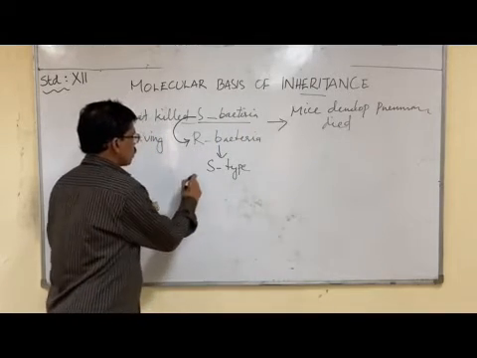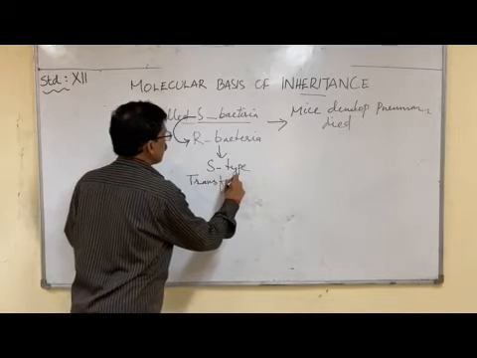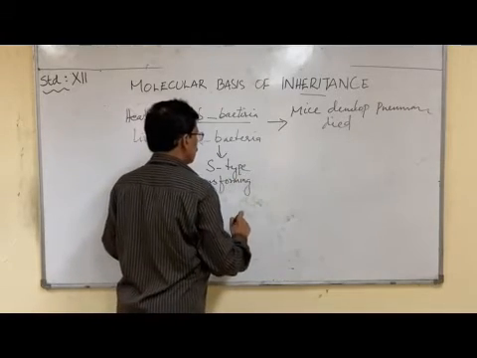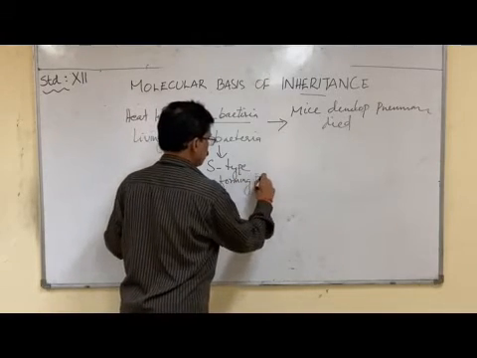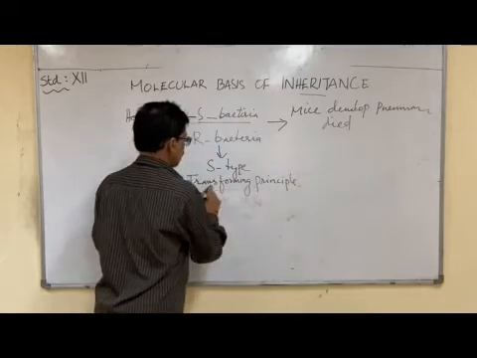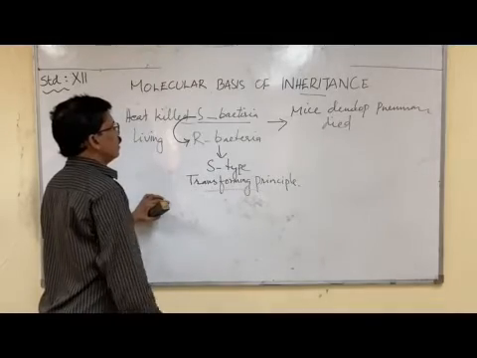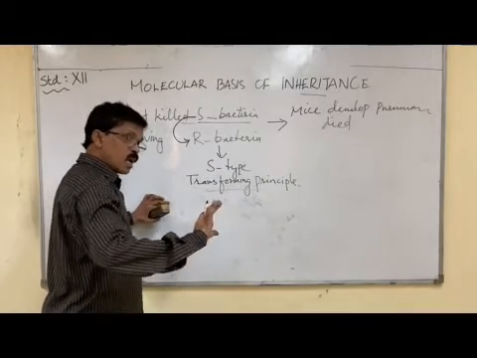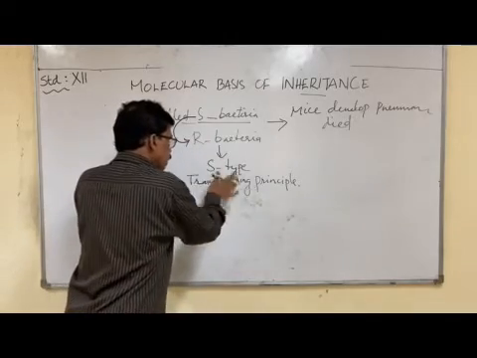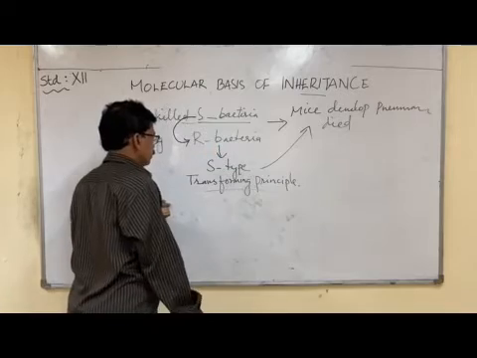This is what is called a transforming principle. It is a very important discovery in the research of genetic material. So some transforming principle transformed living R type back into S type, and the mice developed pneumonia and died.